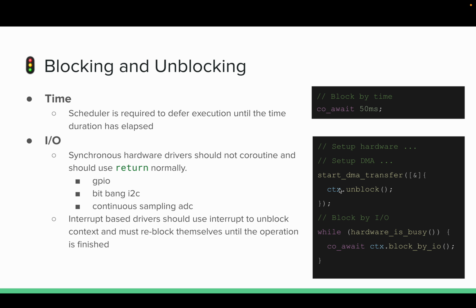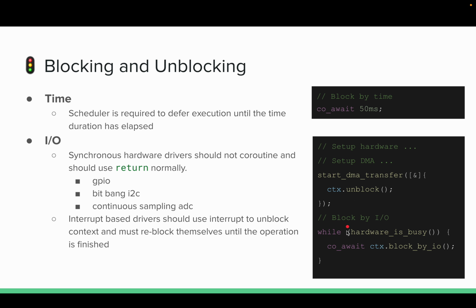The idea is that the interrupt will perform the unblock, and don't worry, just to repeat this, unblock is noexcept, so it will not throw an exception, and it is part of the documentation that the implementer of the unblock listener should not throw and should simply only set values, put something on a queue, put something somewhere in such a way that's non-blocking, just so that the rest of the code can perform what it needs to do.